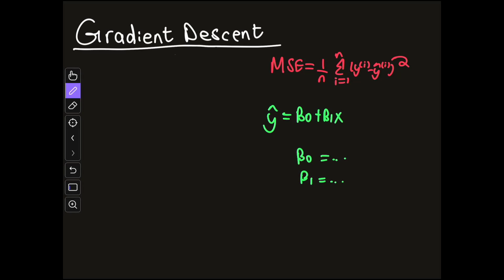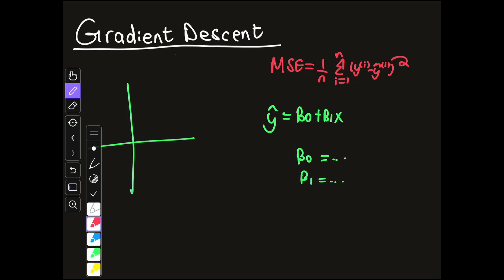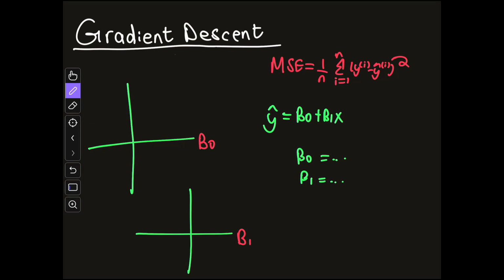What that would do is, if we had this graph for both parameters, one for beta naught and one for beta 1, where these are functions of the MSE, so maybe the MSE looked something like this for beta naught, and maybe something like this for beta 1.